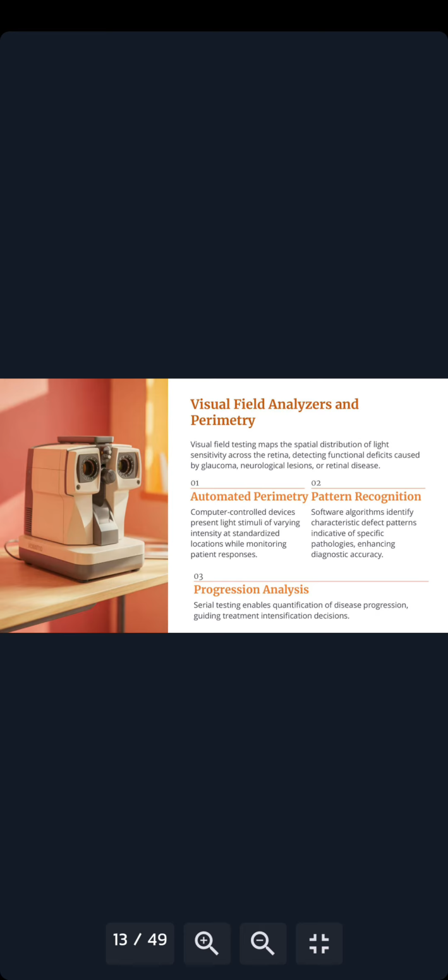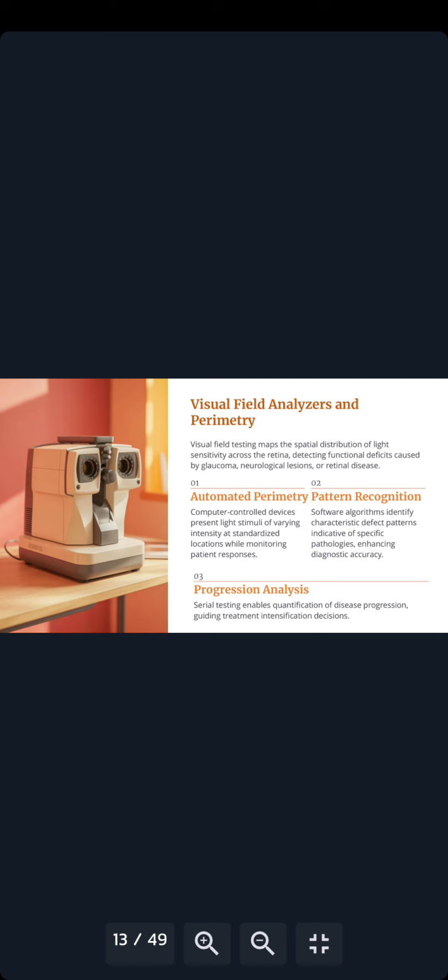We also have pattern recognition software algorithms that identify characteristic defect patterns and specific pathologies, improving diagnostic accuracy. We generally may use this pattern recognition in those devices too.